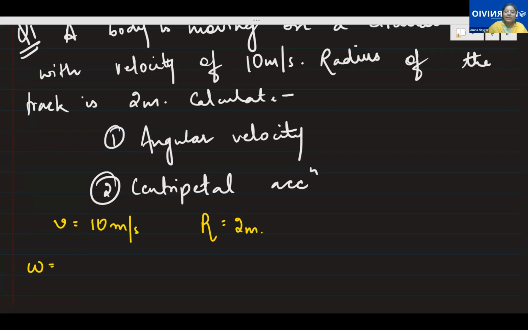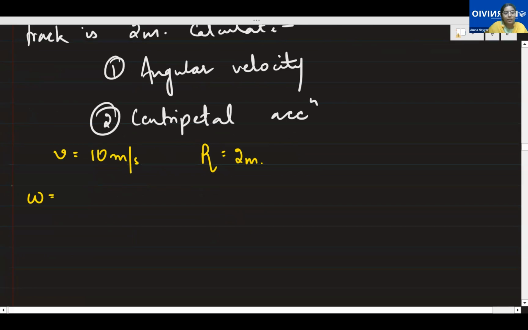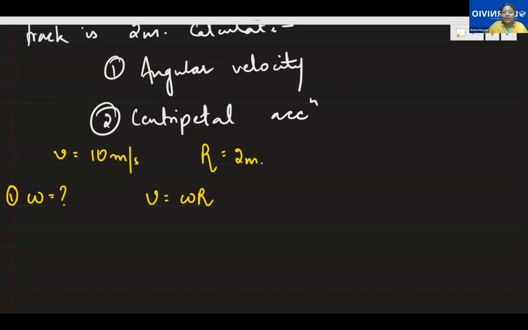Directly in the first part, we have to calculate the angular velocity. So v is equal to omega r is the formula. From here, omega will be equal to v divided by r. Now v is 10, r is 2, that becomes 5 radian per second.